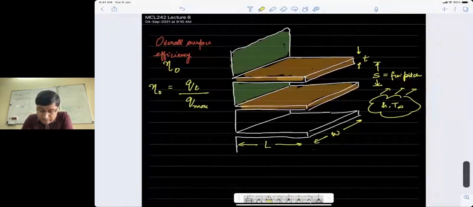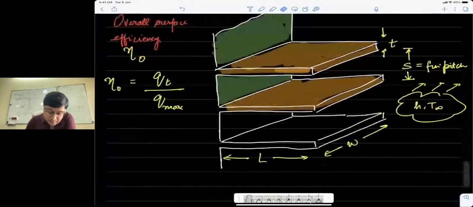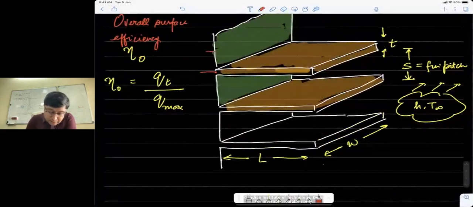To calculate the maximum heat transfer, we need to realize that we specified a few things when we were doing this analysis. We specified that the temperature at the base of the fin was T_b, but that is also the temperature of this surface, which I'm going to call the prime surface, or the base surface.